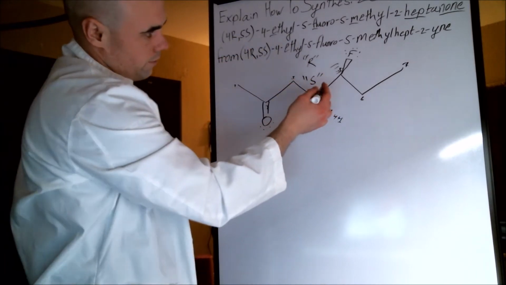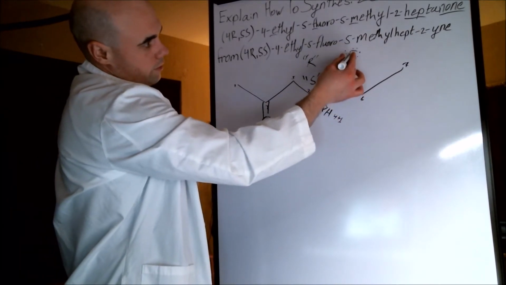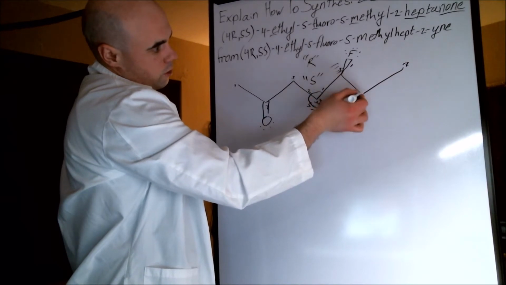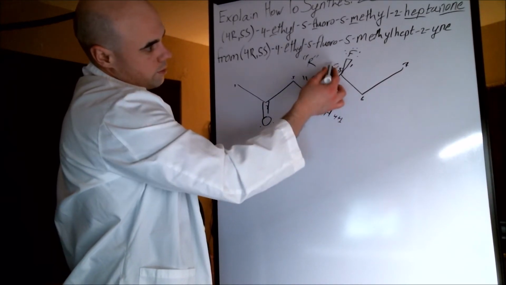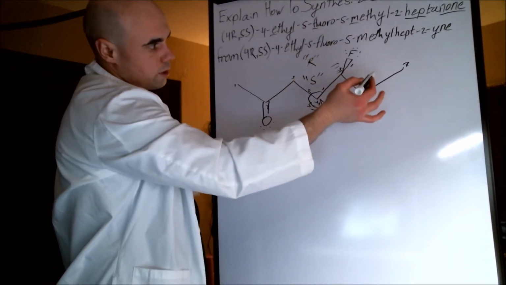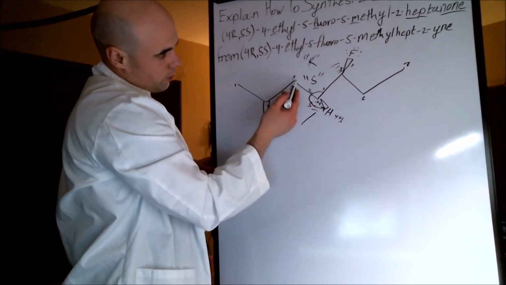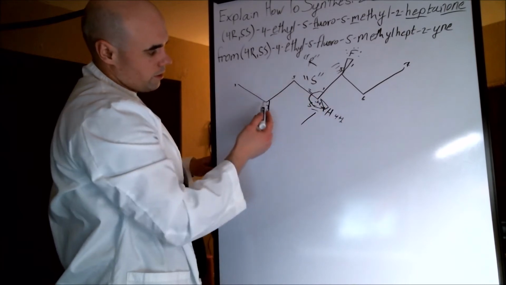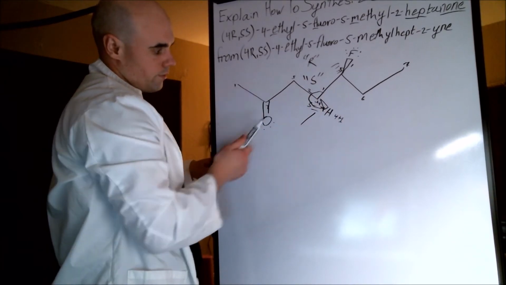Let's see the 5 carbon. F is clearly the highest priority, so 1. Then we have carbon here, carbon here, carbon here. Breaking the tie, we're going out: carbon, carbon, nothing here. One of these is first priority, and it's clearly this one, because it goes further and there's an oxygen here.